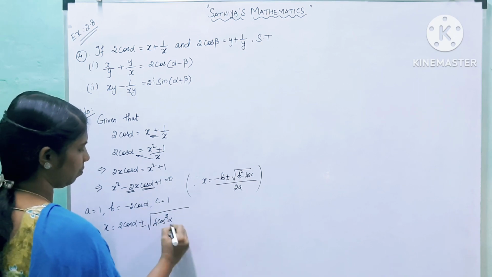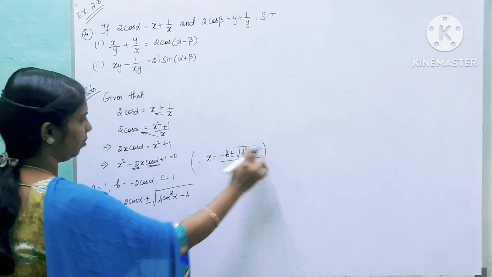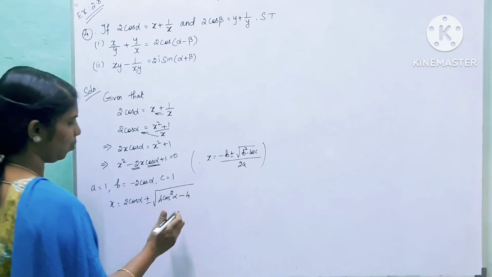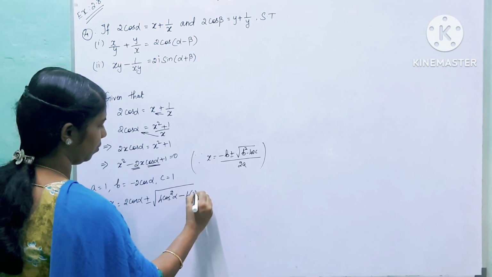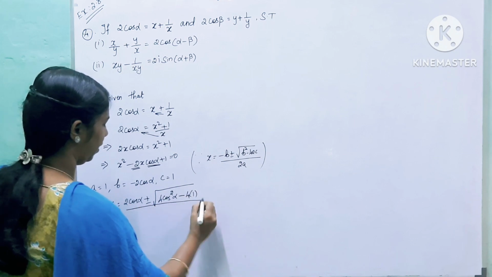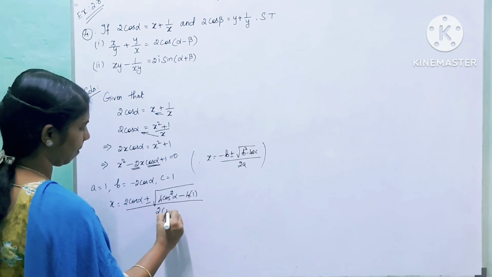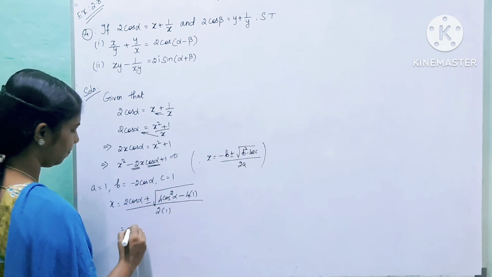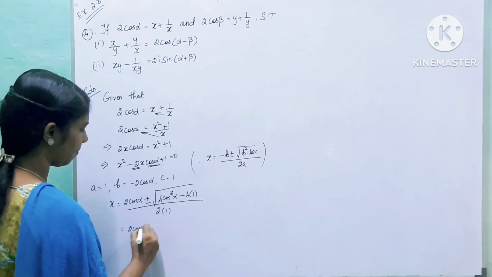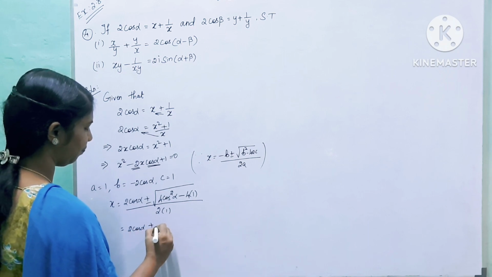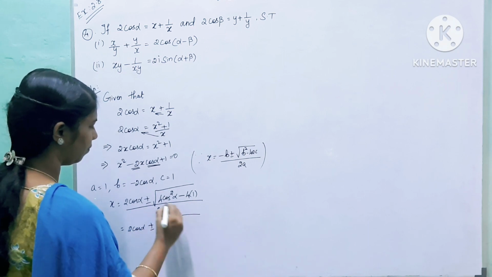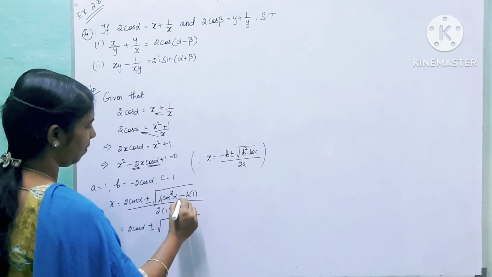So this is b square minus 4 into a into c. A is 1 and c is also 1, so this is 4 into 1, the whole divided by 2 into a, 2 into 1. So this is 2 cos alpha plus or minus root of 4 cos square alpha minus 4.